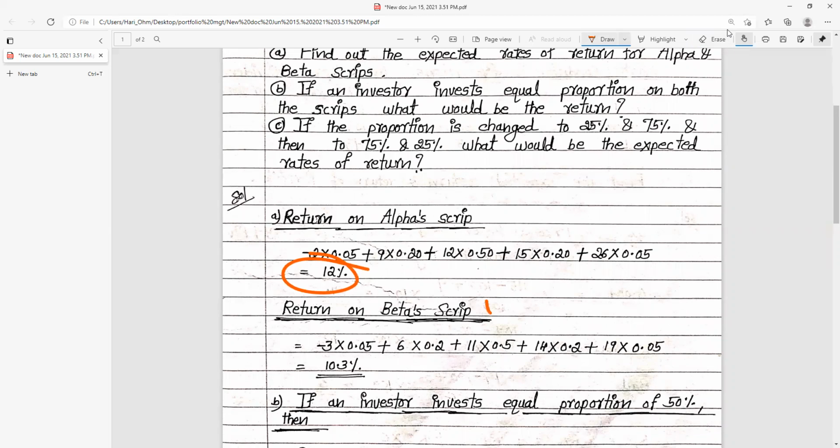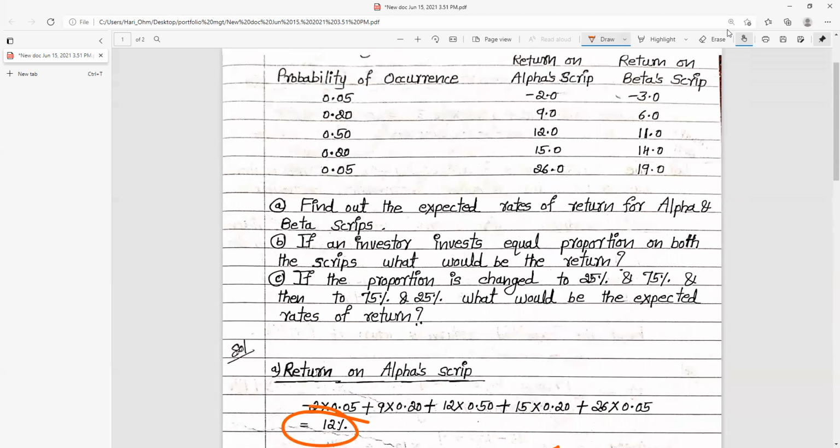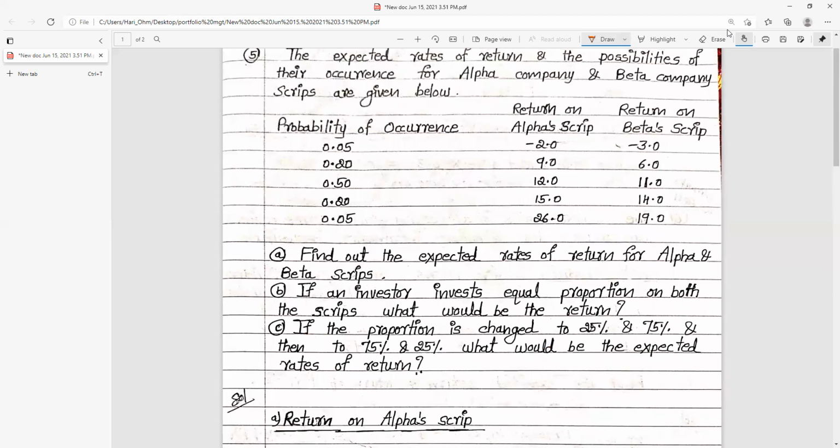Then you need to calculate return on beta stock, that is -3 into 0.05 plus 6 into 0.20 plus 11 into 0.50 plus 14 into 0.20, 19 into 0.05.